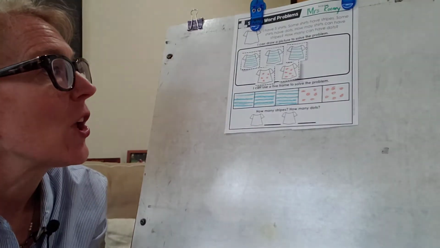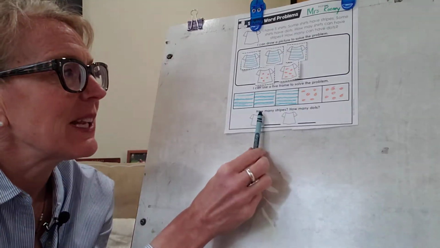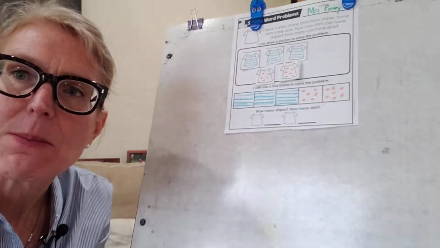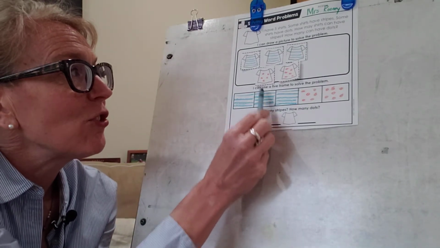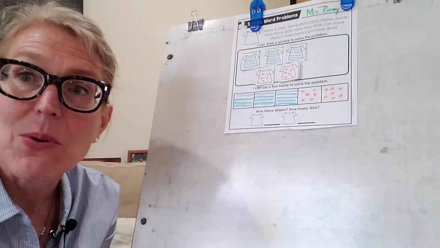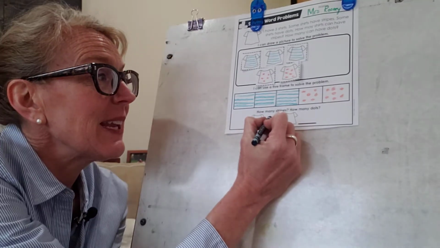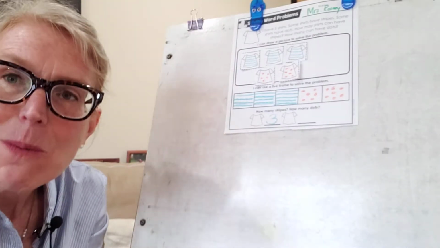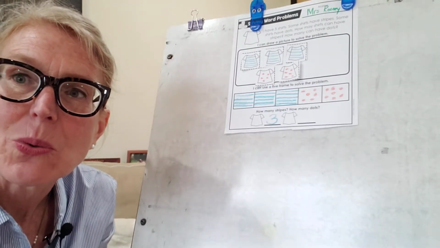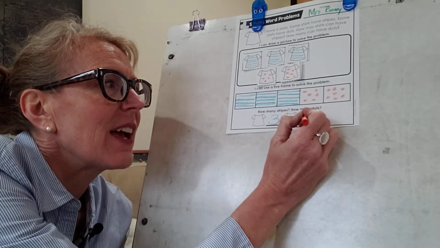Okay, so now I'm going to go down to the bottom and it says how many stripes and how many dots. Well, let me take a look and see. How many shirts was I able to do with stripes? I did 3 with stripes. How many was I able to do with dots? I could do 2 with dots.